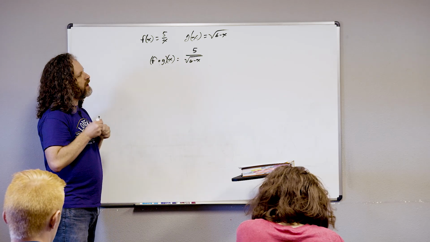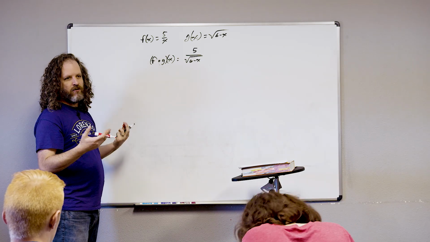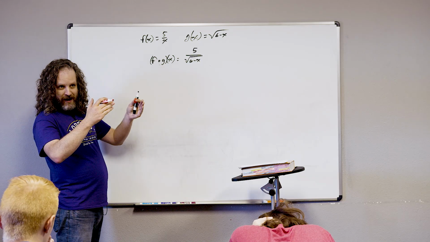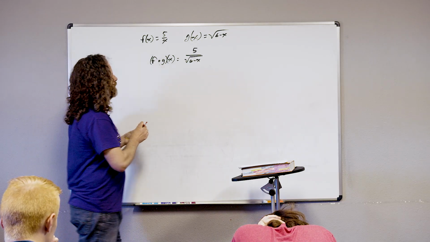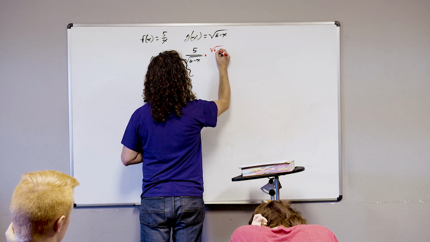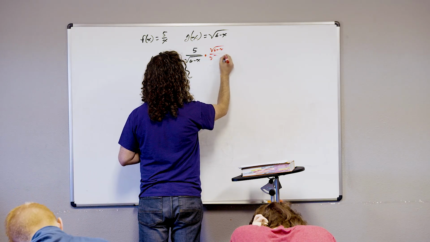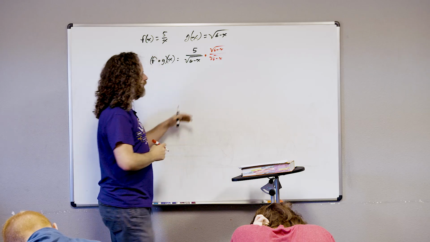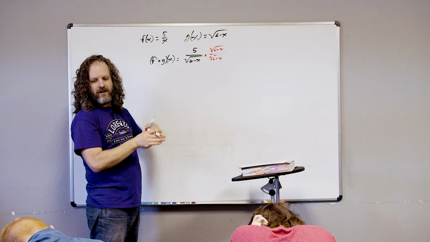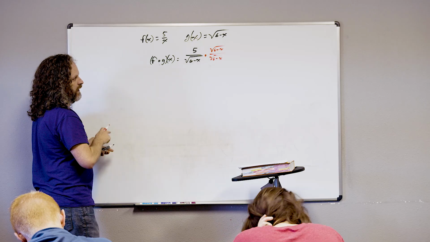So just multiply top and bottom by that square root, and it'll go away, because square root times the square root is the square root squared, and the square root cancels. So times the square root of 6 minus x over the square root of 6 minus x. And that's legal, because this whole thing equals 1, and something times 1 is the same thing.